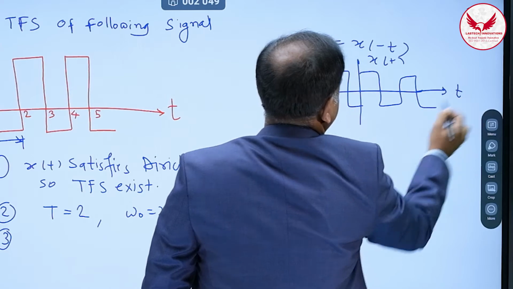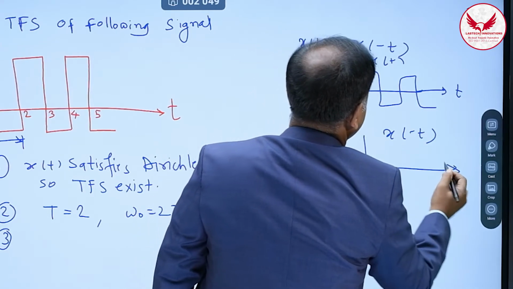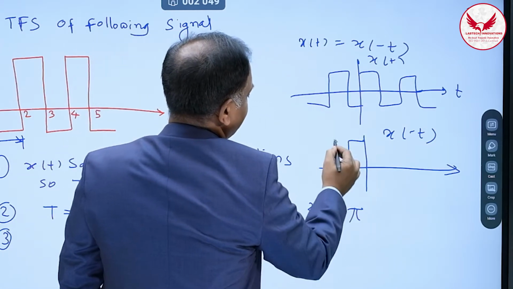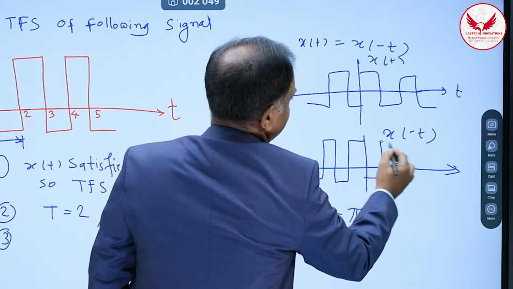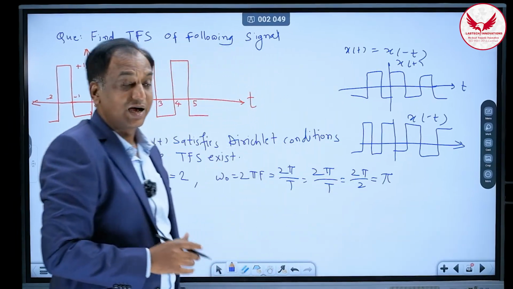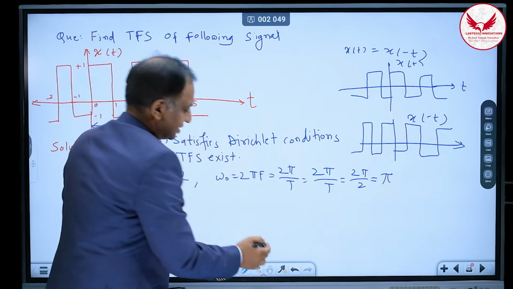This is x of t. Now I want to plot x of minus t, which is just folding the signal, and it looks like this. So x of t and x of minus t are not the same. That means the signal is not an even signal.